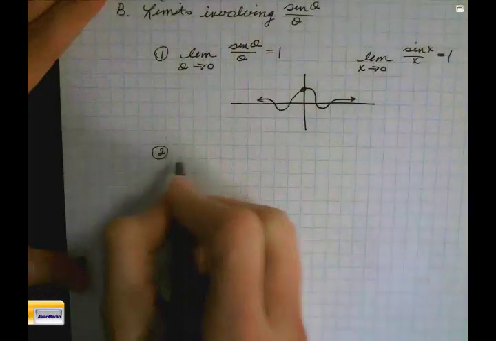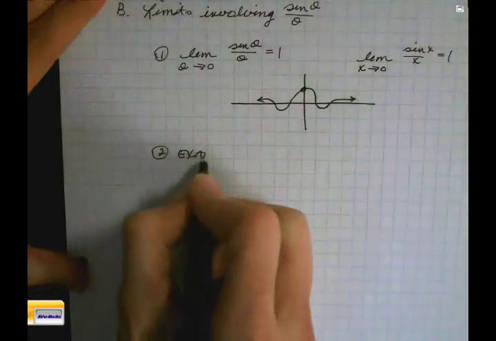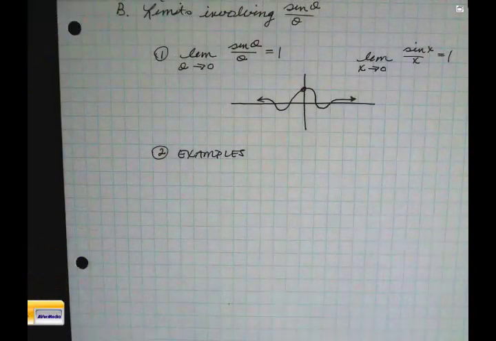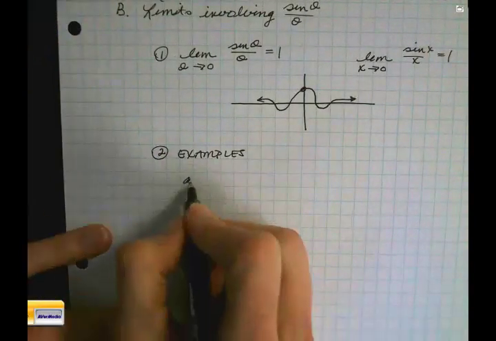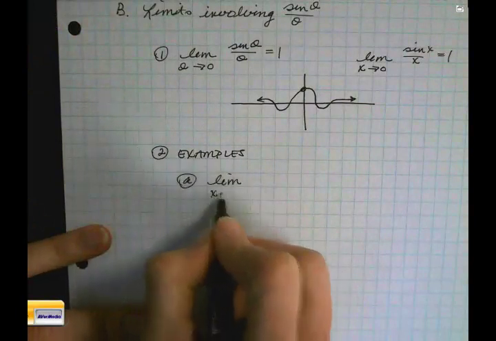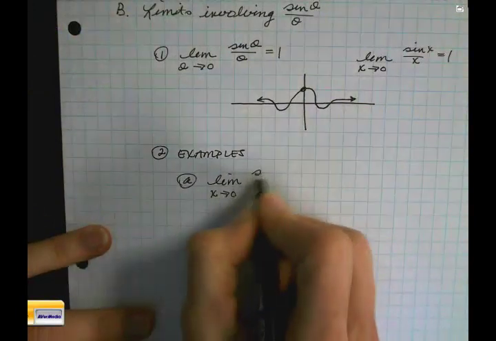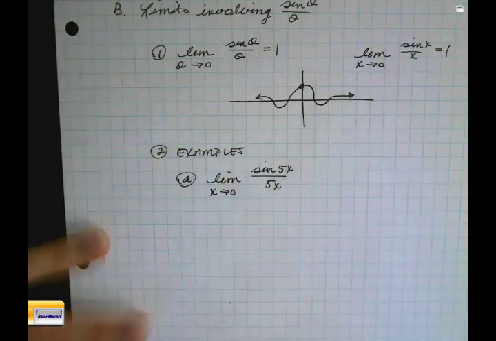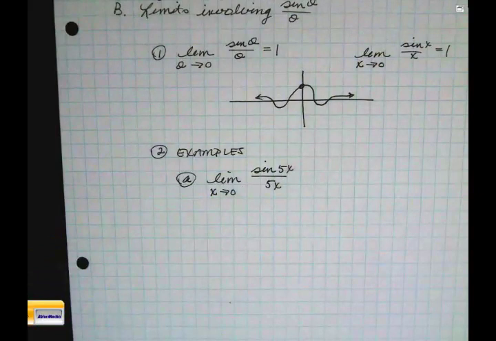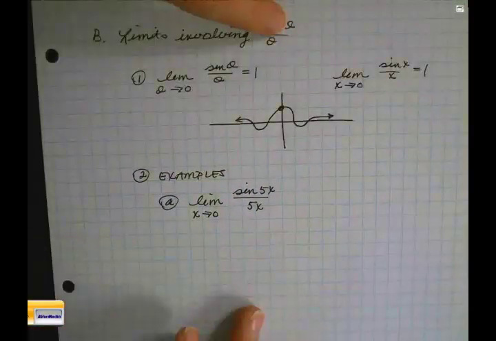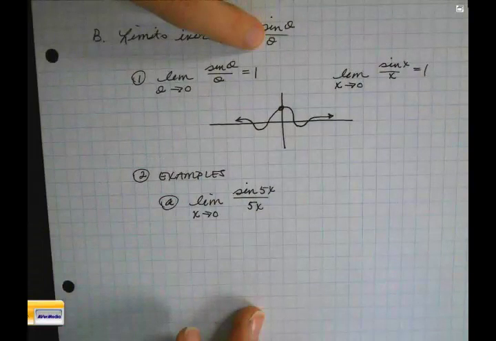So then they get pretty interesting in the way they ask some questions about this, and it requires some algebraic methods to be able to answer it. Here's an example of the kind of stuff you're going to run into. Suppose they ask the limit as x approaches 0 of sine of 5x over 5x. Now remember, this theta and this theta must be the same.